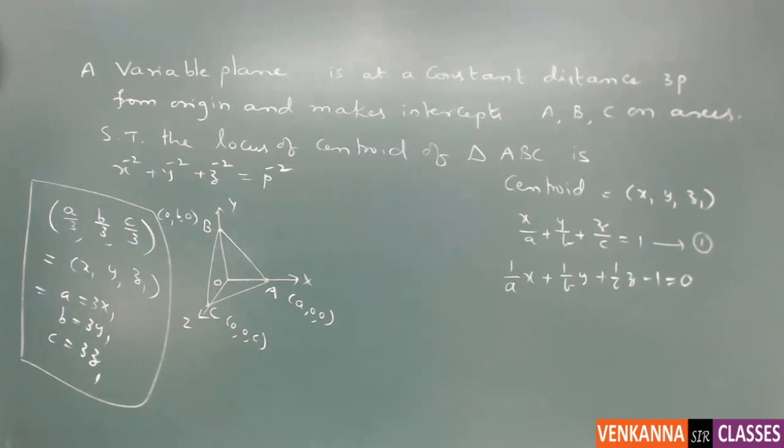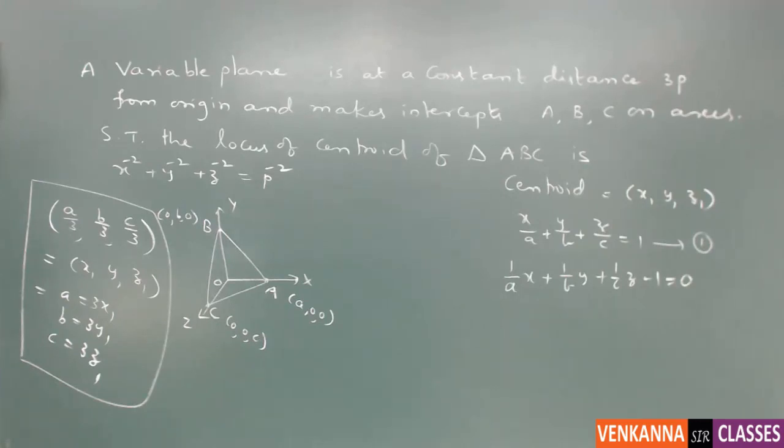If you look at the problem, it mentions the centroid, so from the centroid formula you have calculated the values of a, b and c. It is mentioned that the plane makes intercepts on the coordinate axes while moving in space, so we have written the plane equation, and equation 1 gives it in intercept form.